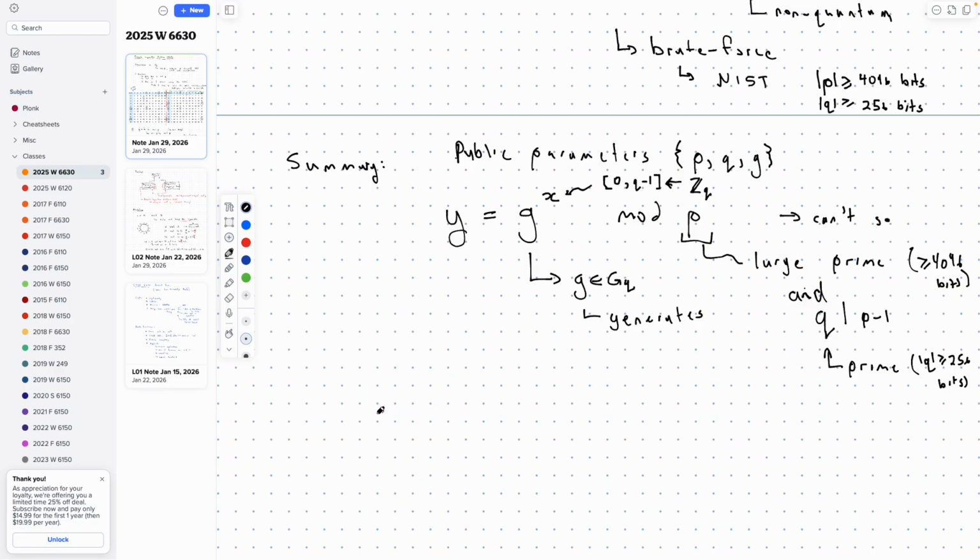So this is getting a little sloppy, so I'm just going to rewrite the same thing here. P is prime. G is from GQ. x is from ZQ.